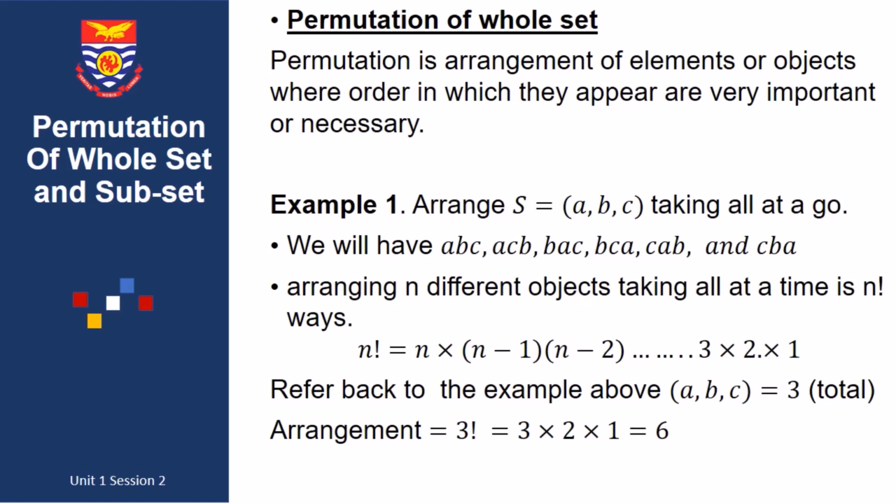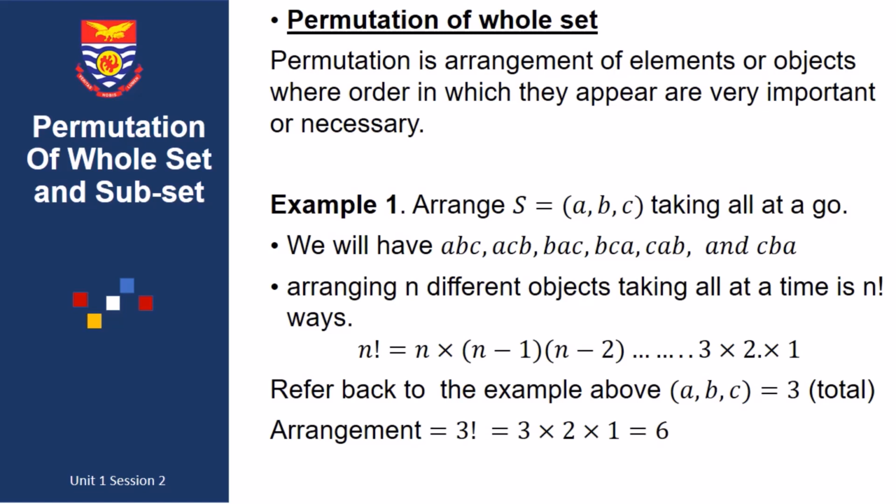Well, the different arrangements will be A, B, C as one, A, C, B as another one, B, A, C, B, C, A, C, A, B, and C, B, A. Can you think of any other one that has not been captured? Well, that could be it. So what have you noticed from this?